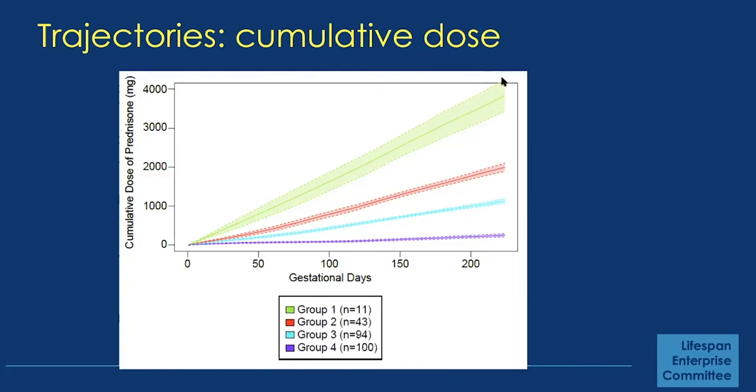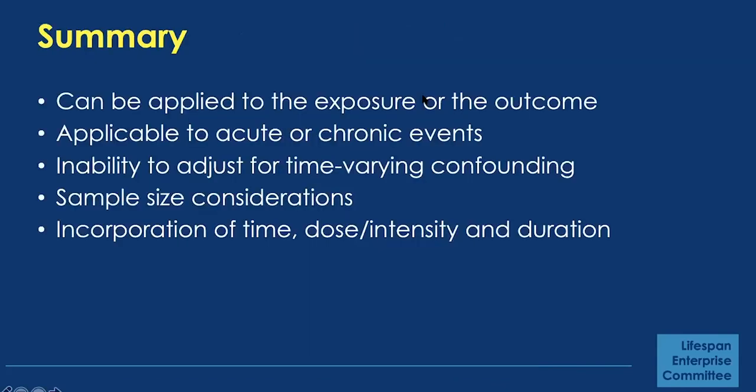before you run the trajectories. So to summarize, these trajectories can be applied to either the exposure or the outcome. I've shown you examples with the exposure, but these can just as easily be applied to outcomes as well. They are applicable to acute or chronic events. You may just need to think about the underlying functional form of your variable prior to running the trajectory analysis.